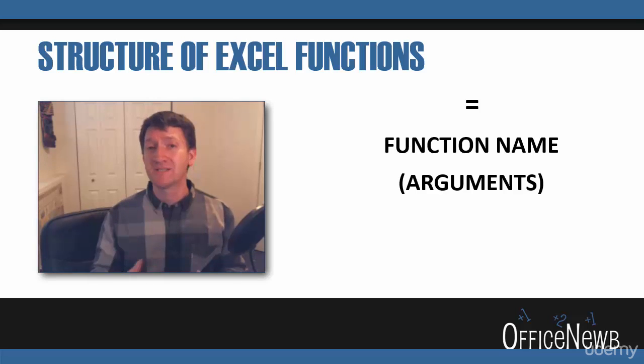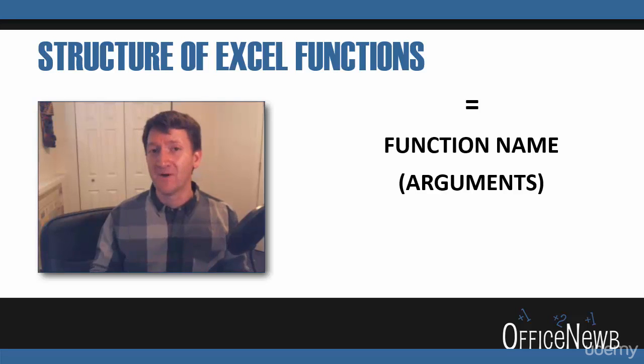In the case of a SUM function, it wants to know, well, what's the range of cells that you want me to sum up? That would be its arguments. Oh, it's cells A5 through A20. That's the arguments of a SUM function. Something like a VLOOKUP, a more advanced function, would have multiple arguments, asking you for multiple bits of information.